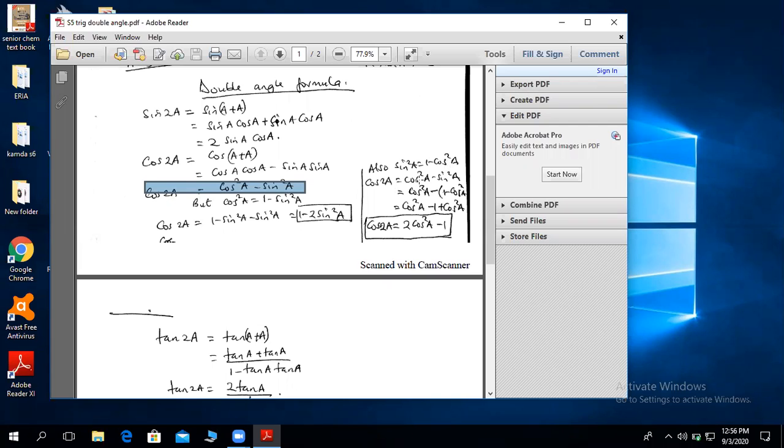It gives me cos squared A, minus (1 minus cos squared A). When I open the bracket, this will be minus 1 plus cos squared A. Then cos squared A plus cos squared A gives me 2 cos squared A minus 1, which is this. So these two identities are very important, because that is where they are going to help us. That's the reason why I've been giving them to you.